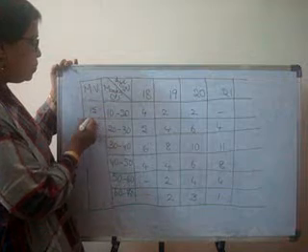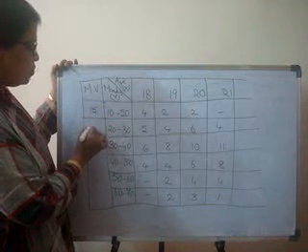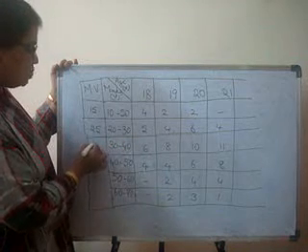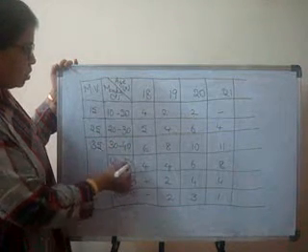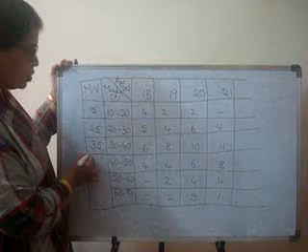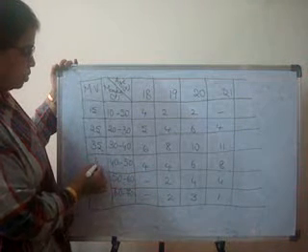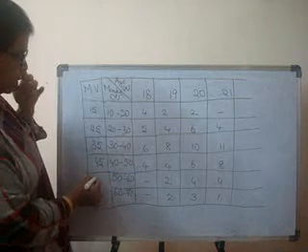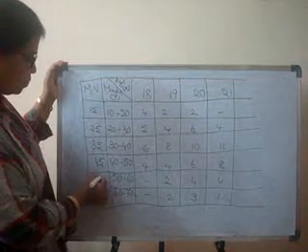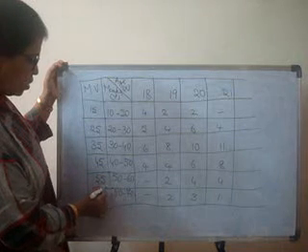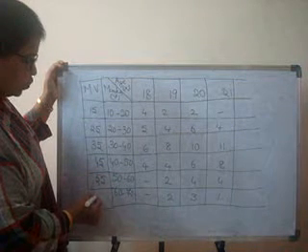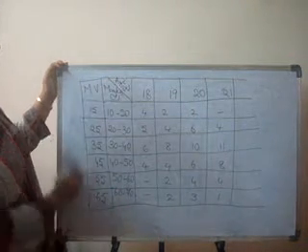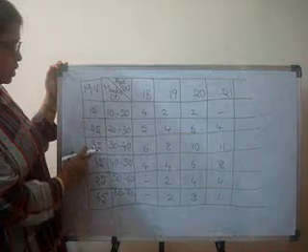Then 50 divided by 2 is 25, 70 divided by 2 is 35, 40 plus 50 is 90, so 45, 110 divided by 2 is 55, 130 divided by 2 is 65. So the middle values are 15, 25, 35, and so on.